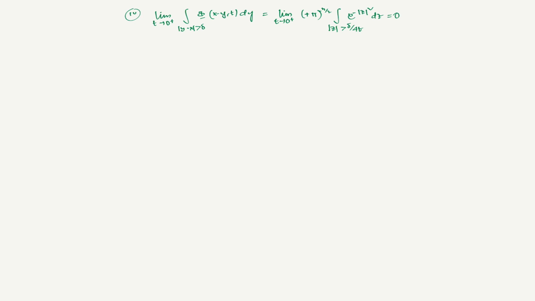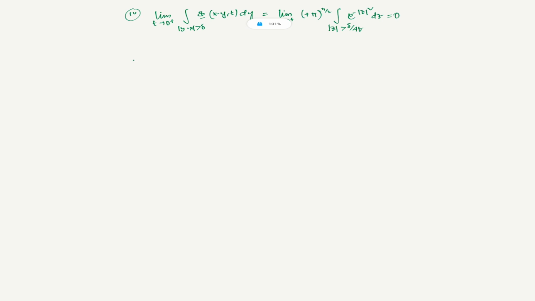As t goes to 0, this delta by 4t is going towards infinity. So basically you are taking |z| extremely big, and since this integral is summable, this has to be 0.